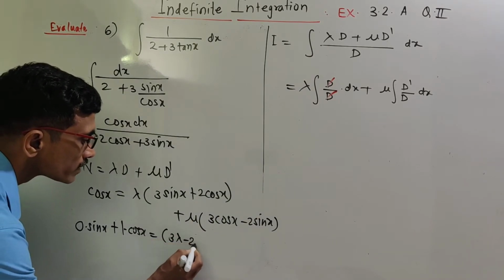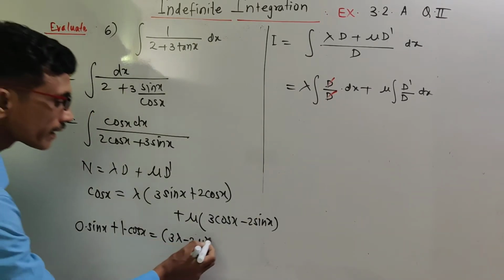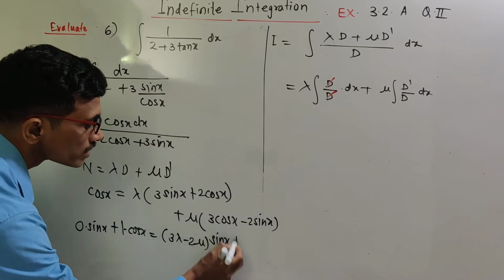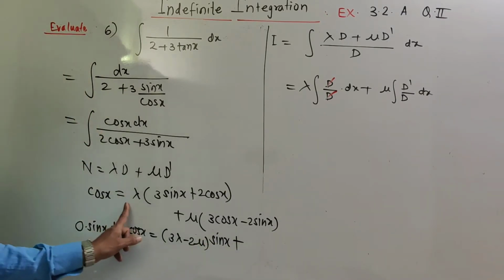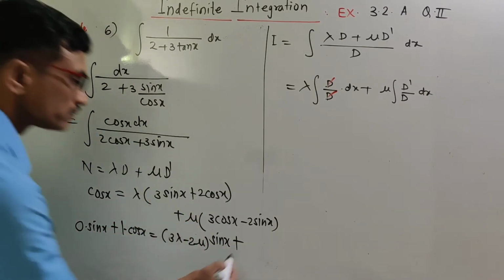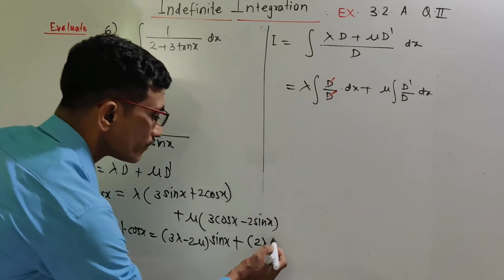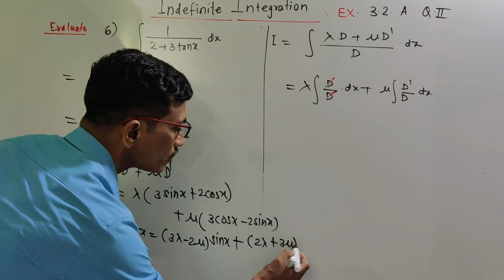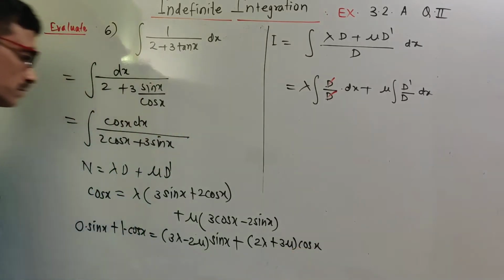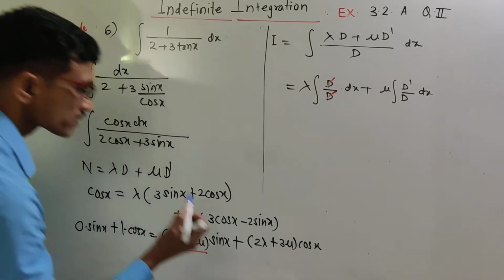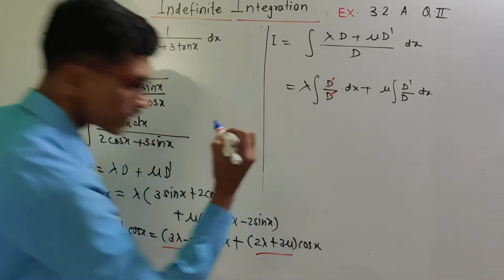(3 lambda minus 2 mu) into sin x plus (2 lambda plus 3 mu) into cos x. So coefficient of sin x, coefficient of cos x.